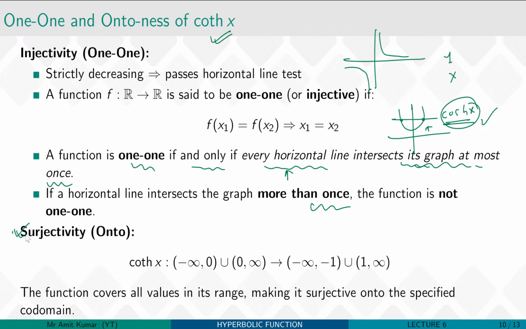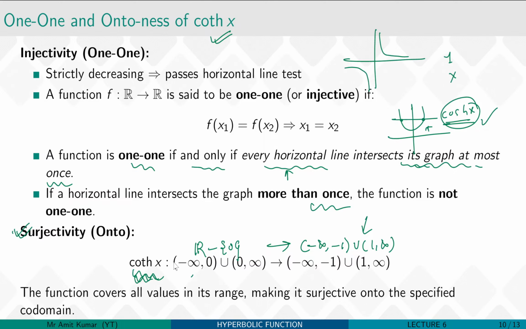Now, what about ontoness? If we define the coth hyperbolic function from R minus 0 to minus infinity to minus 1 union the interval 1 to infinity, then the function coth hyperbolic x is an onto function, because in that situation the codomain and the range of the function are equal.